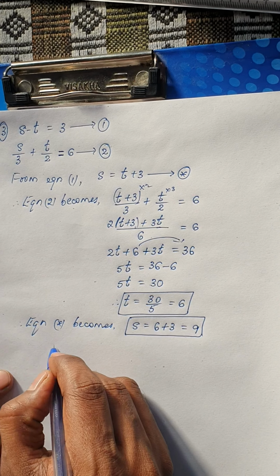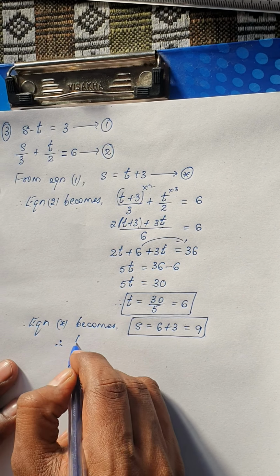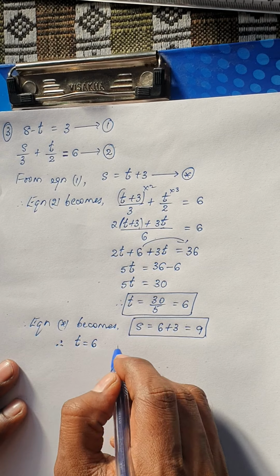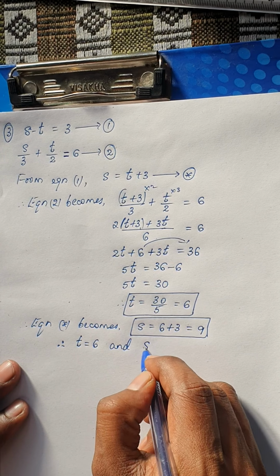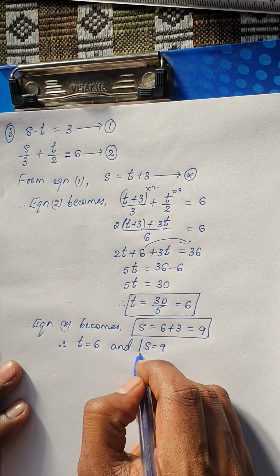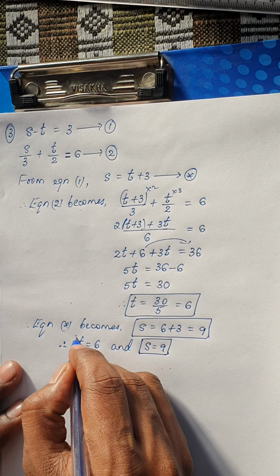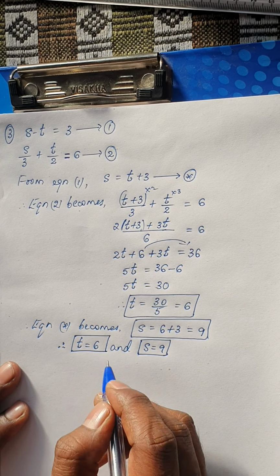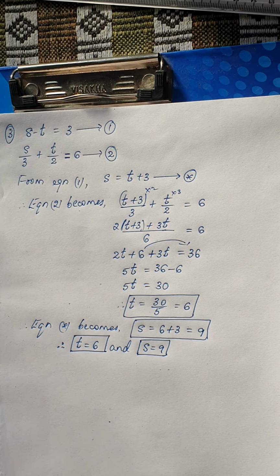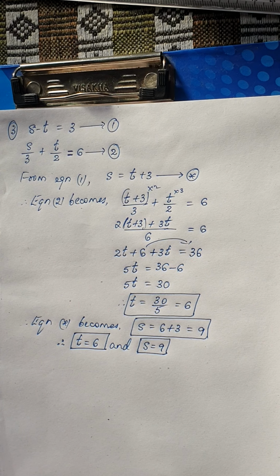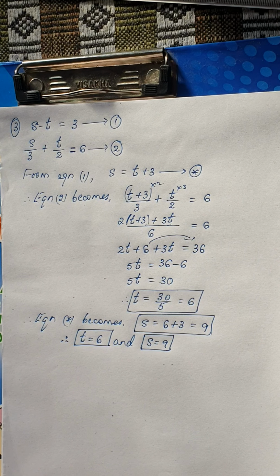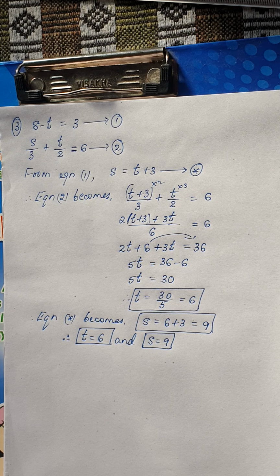Therefore t is equal to 6 and s is equal to 9. Okay, so this is how you find the solution for a pair of linear equations by the substitution method. Okay, I hope you are following it. Shall we try the next question?